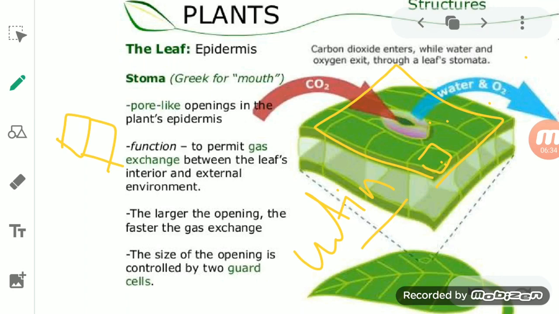This cutinized wall of an epidermis greatly reduces loss of water by the process of transpiration. So it helps in preventing the loss of water from the outer layer.